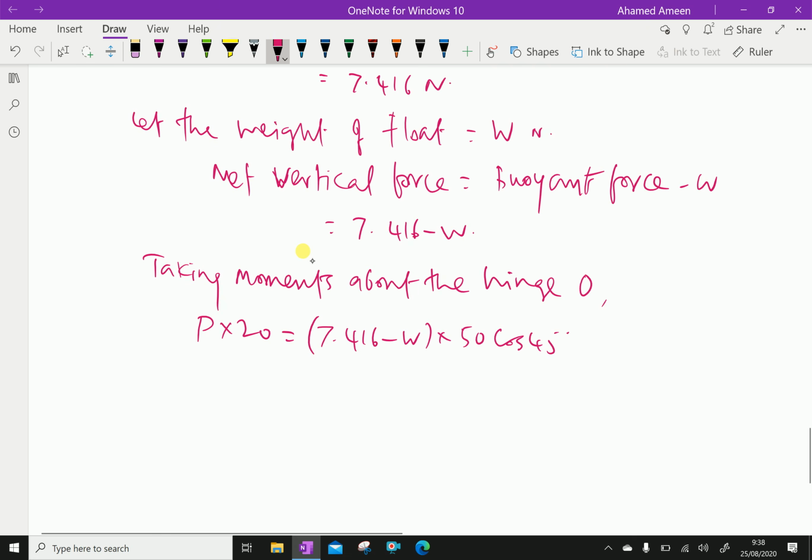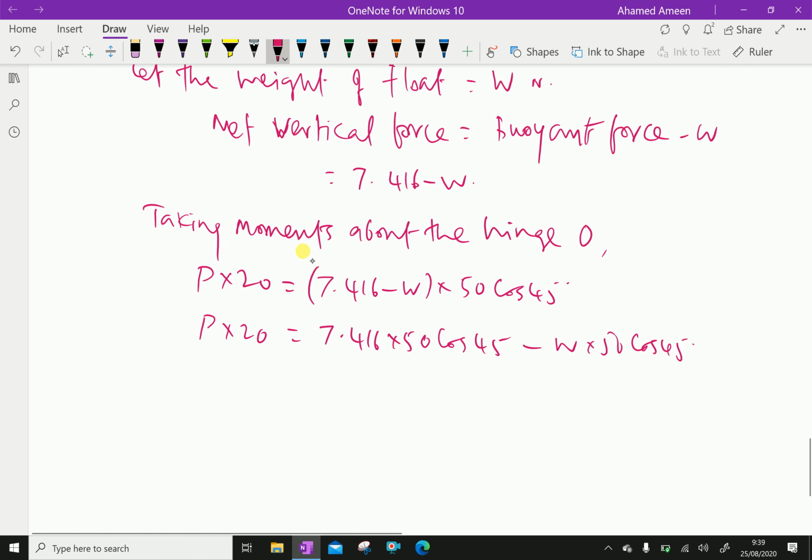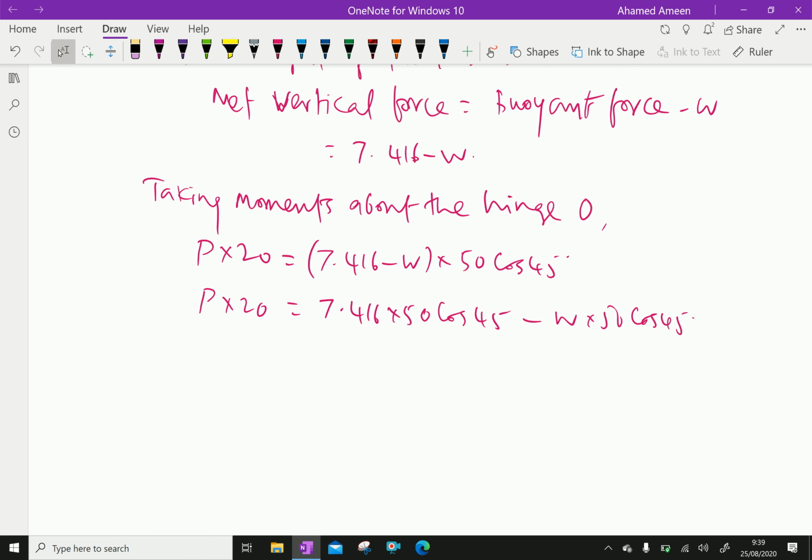Therefore, from that we'll get P into 20 equal 7.416 into 50 cos 45 minus W into 50 cos 45. By solving we'll get, P is already given, we can put here P equal 9.81.